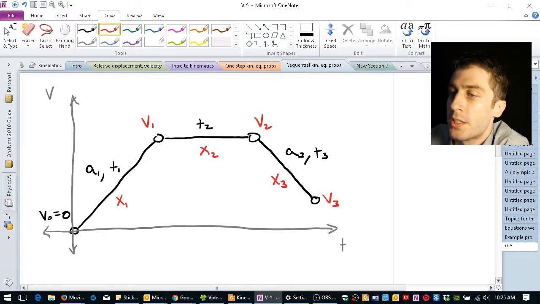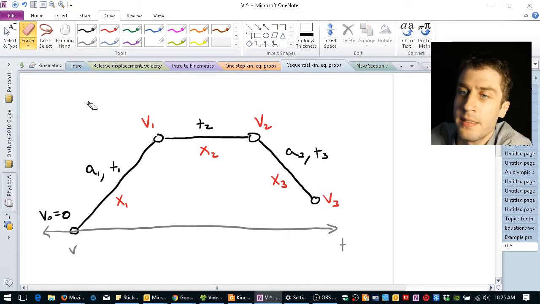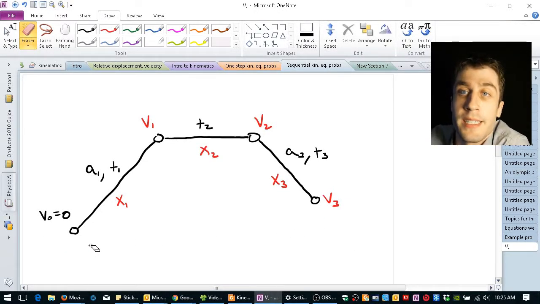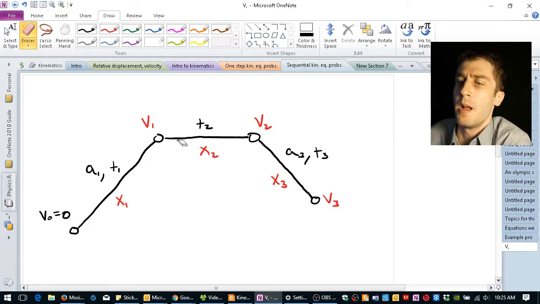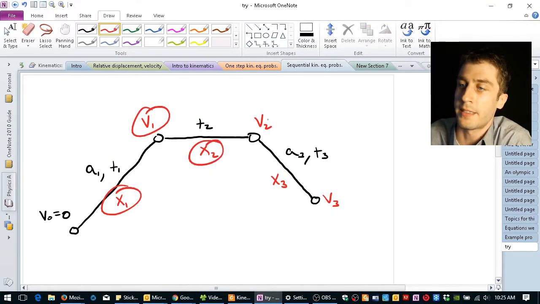All right, so this is, I think, a very succinct way of representing all of the information in the problem statement. I'm going to take this opportunity to erase my axes. So if I present a diagram like this in class, you should know what it's referring to. Okay, so yeah, we know A1 and T1, T2, A3 and T3, and our unknowns, again, if you're going to circle them, are X1, V1, X2, V2, X3, and V3.